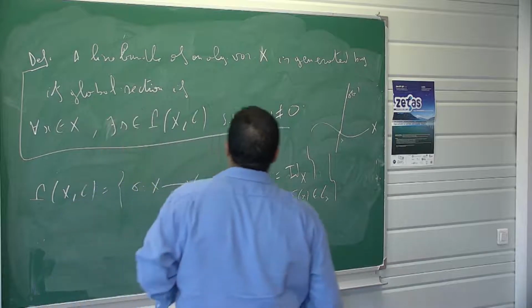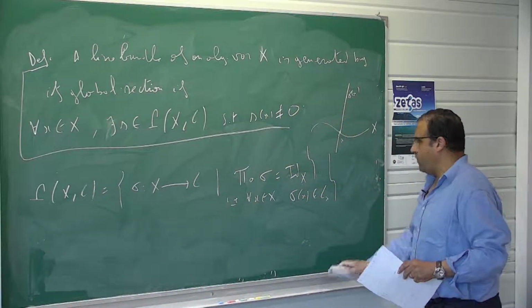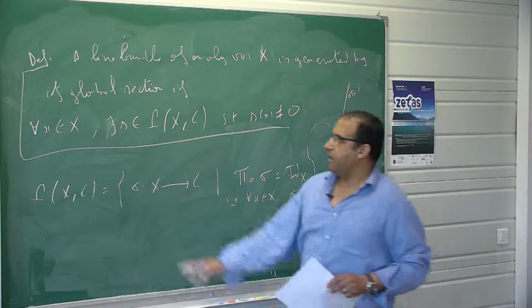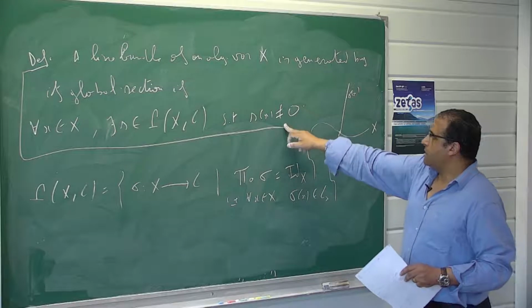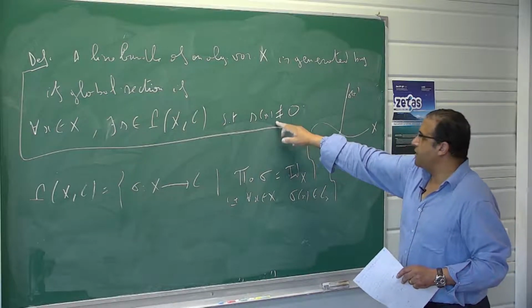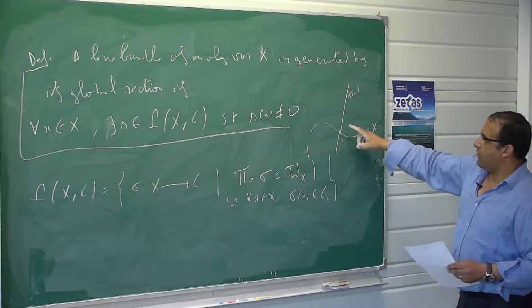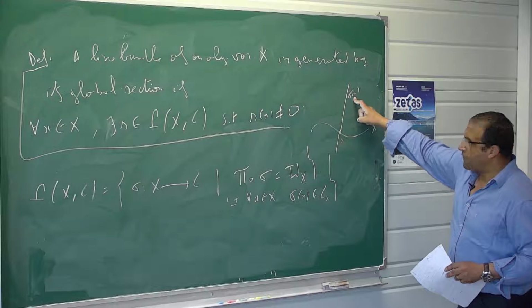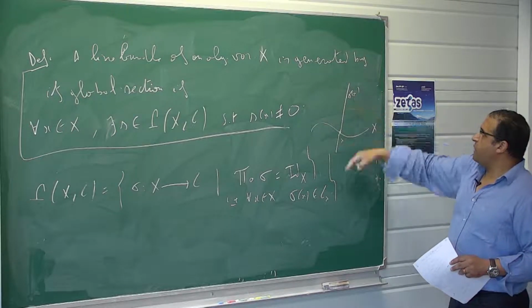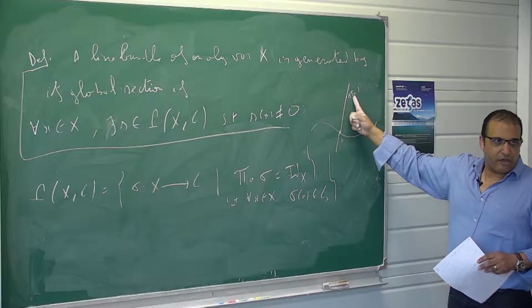And we said that the bundle is generated by its global sections if for any x there exists a global section which is not vanishing at x, which means that σ(x) is different from 0. This fiber is a vector space of dimension 1, so σ(x) gives you a basis of this vector space.